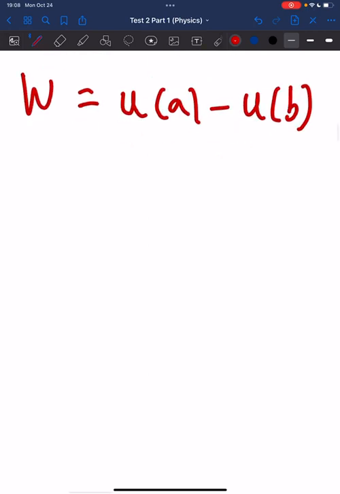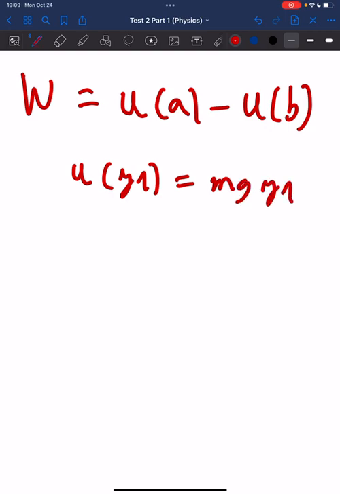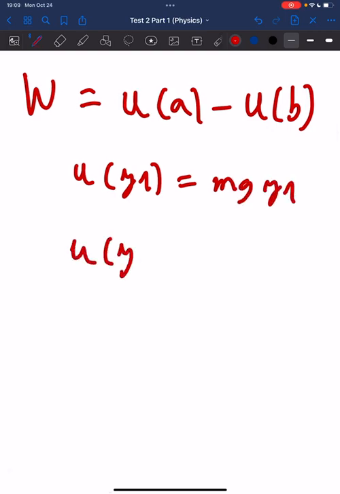It would be U of y1 equals mg y1, and then U of y2 equals mg y2.